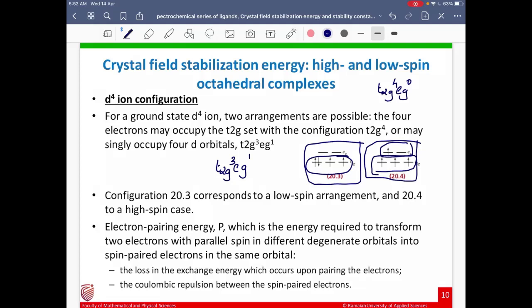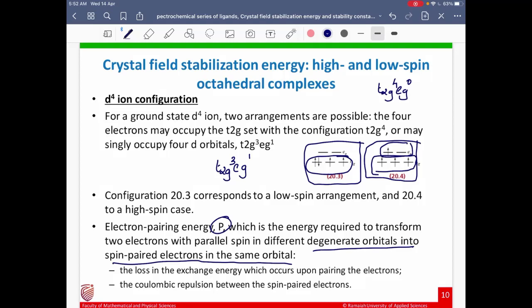Electron pairing energy, which is P, is the energy required to transform 2 electrons with parallel spin in different degenerate orbitals into spin paired electrons in the same orbital. So a new term comes, known as electron pairing energy.